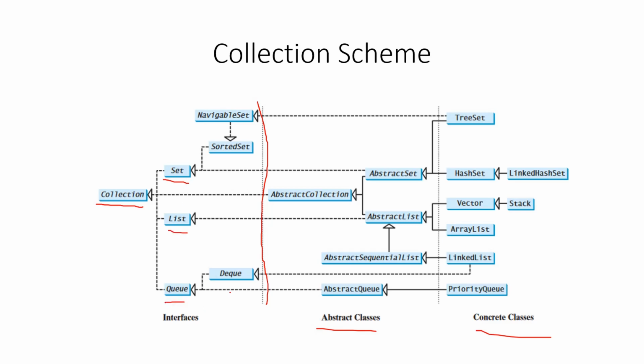Then we have some abstract classes that implement some of the methods common to some concrete classes. And in the end, we have the concrete classes that implement the behavior set by interfaces and abstract classes. As you can see here, it has many concrete classes like tree set, hash set, vector, array list, linked list, and priority queue. But today we'll talk only about some of them.